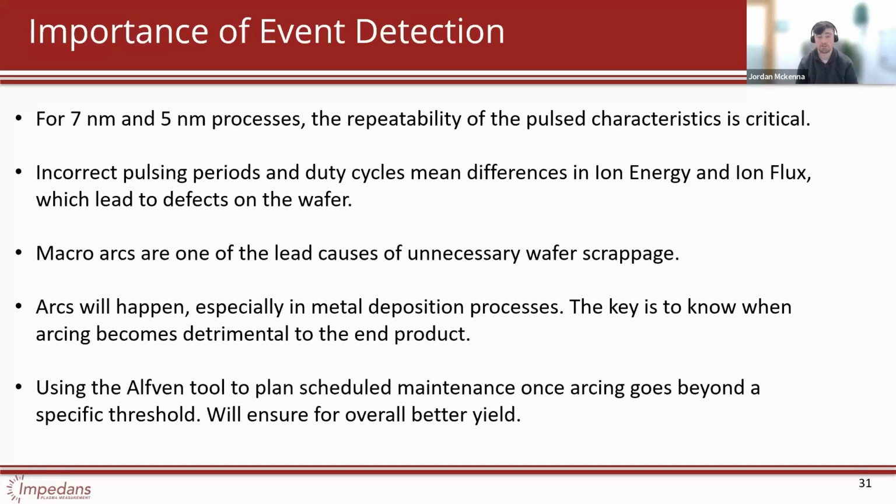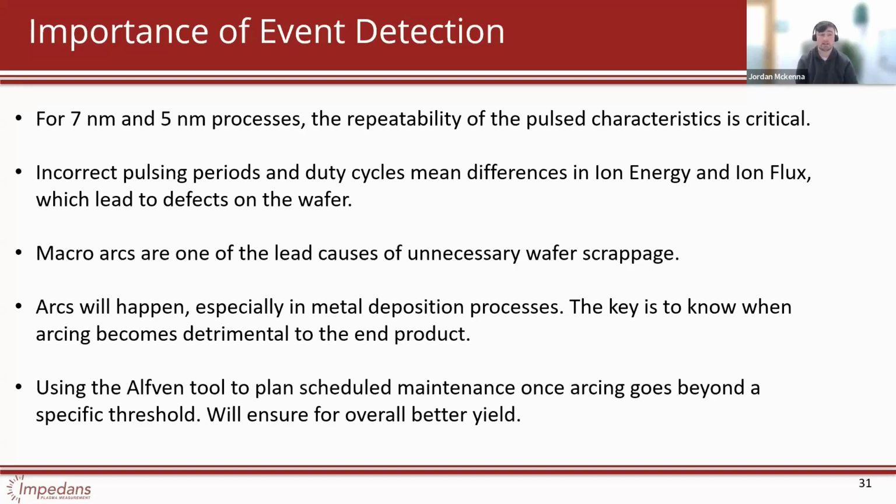Also, macro arcs are one of the lead causes of unnecessary wafer scrappage. The truth of the matter is, arcs will happen, especially in metal deposition processes. But the key is to know when arcing will become detrimental to the end product. Using the Alpha tool to plan a scheduled maintenance once arcing goes beyond a specific threshold will ensure overall better yield.